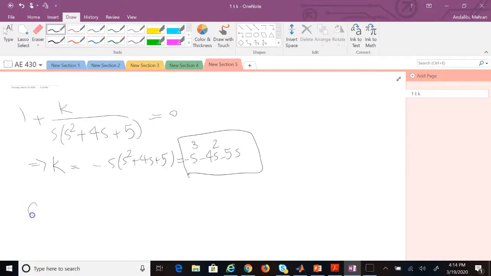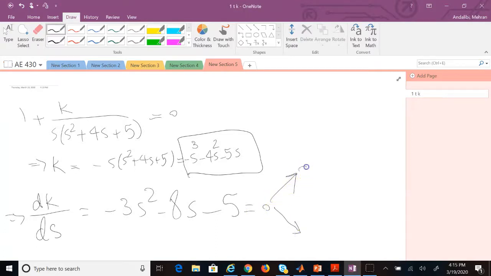Now I take a derivative of K with respect to S. So from here, what is dK over dS? I'll take a derivative of this. That's negative 3S squared, negative 8S, negative 5, right? This is equal to 0, and if you do that, there are 2 roots.